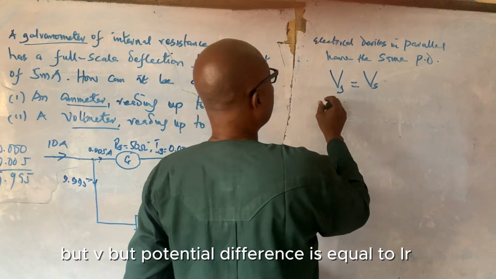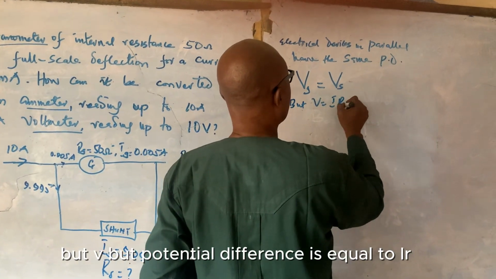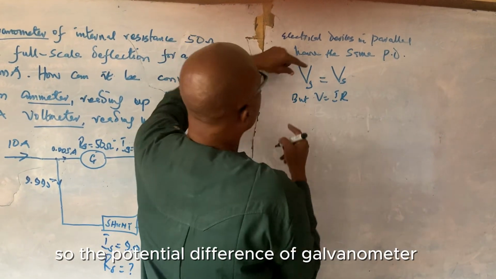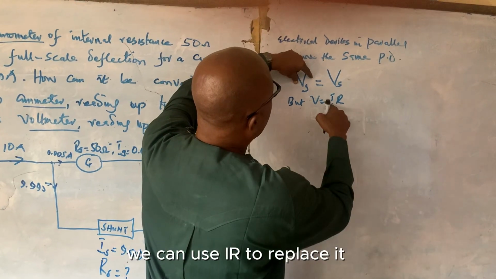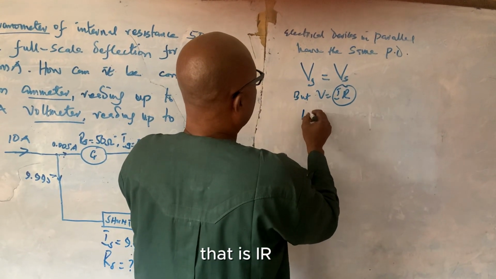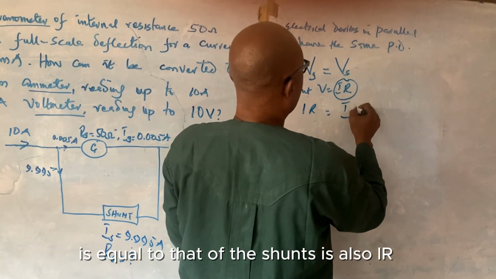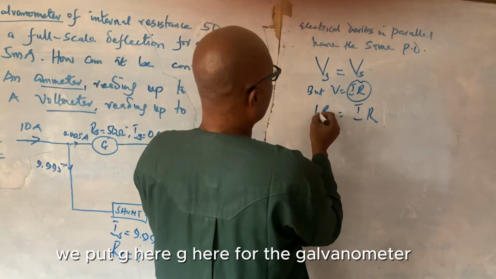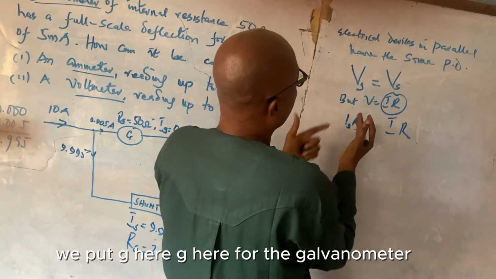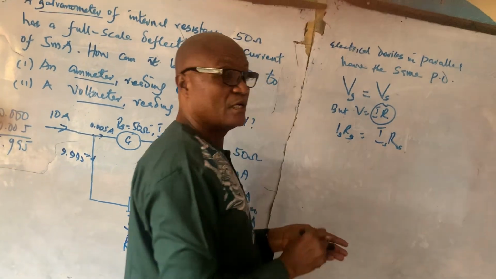Now, potential difference is equal to IR. So IR for the galvanometer is equal to IR for the shunt. To differentiate between them, we put G for the galvanometer and S for the shunt. The job is done.